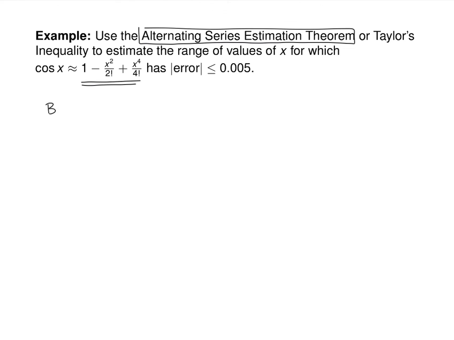So by this alternating series, we know that the error is less than or equal to the next term that you leave off, which would be the absolute value of x to the 6th over 6 factorial. We want that to be less than or equal to 0.005.